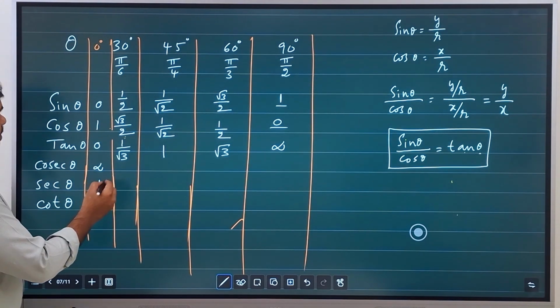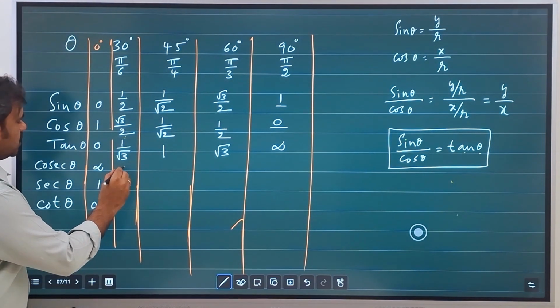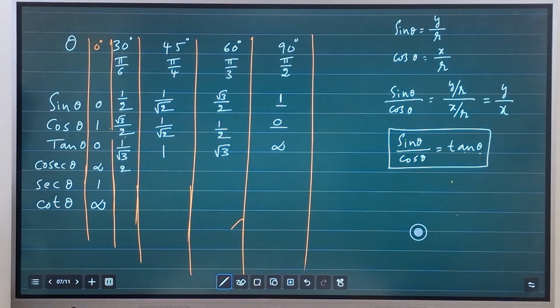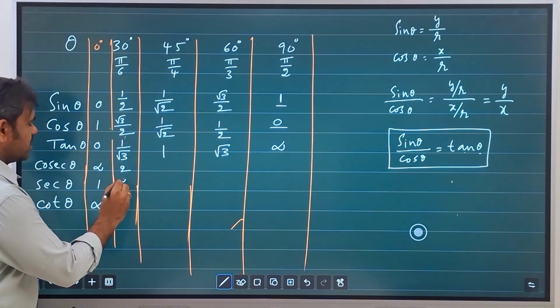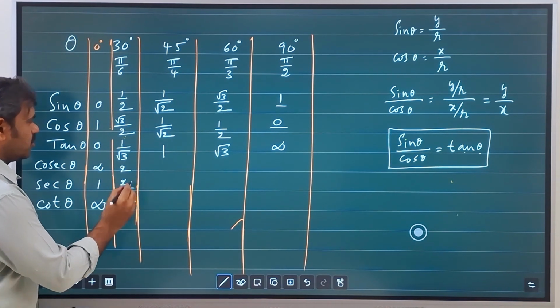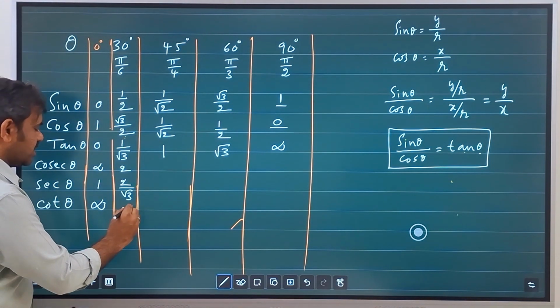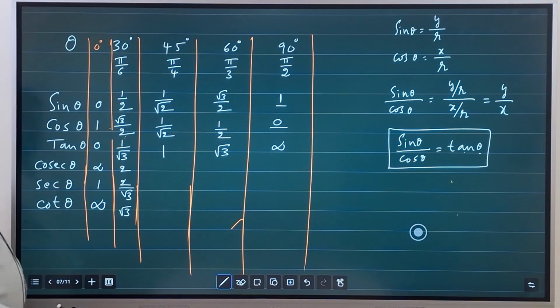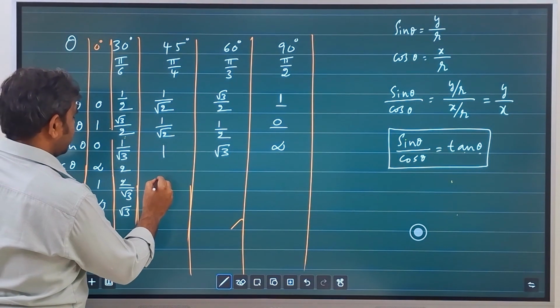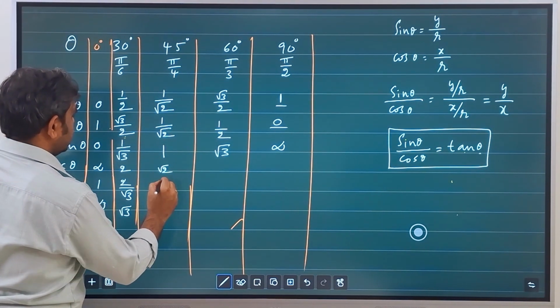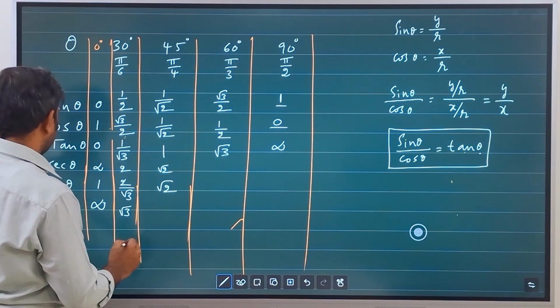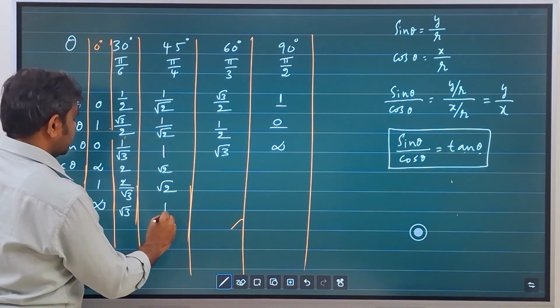Okay. Similarly, for 30 degrees, cosecant 30 degrees is equal to 2. Secant 30 degrees is equal to 2 divided by root 3, reciprocal of root 3 by 2. And cot 30 degrees is equal to root 3. Okay. Similarly, cosecant 45 degrees is root 2. Secant 45 degrees root 2. Tan 45 degrees is equal to 1.